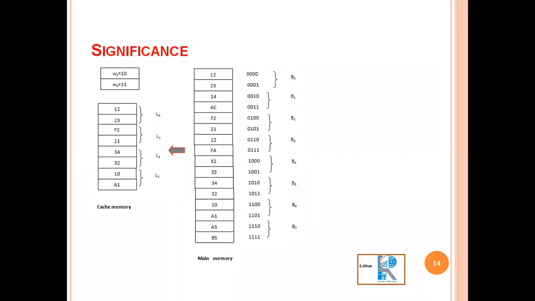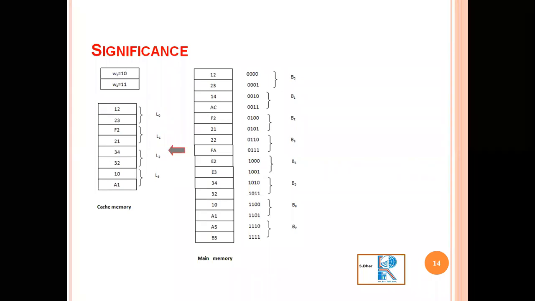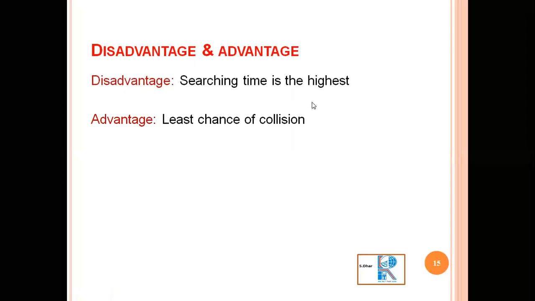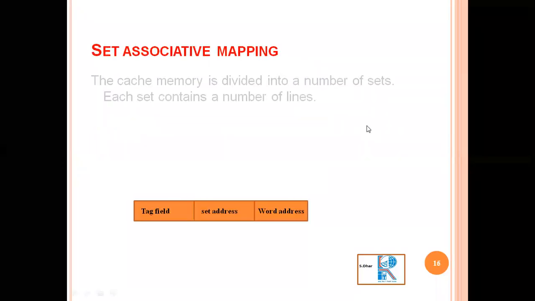But here, to check whether the data is present or not, it has to go through the whole memory. So this is the disadvantage of using fully associative memory. Clear? So, I have already told: searching time is the highest, least chance of collision.